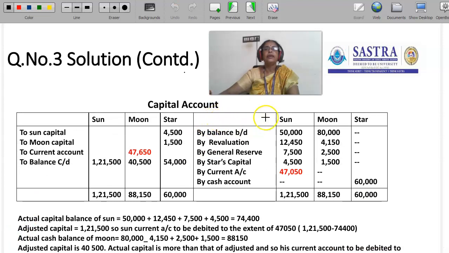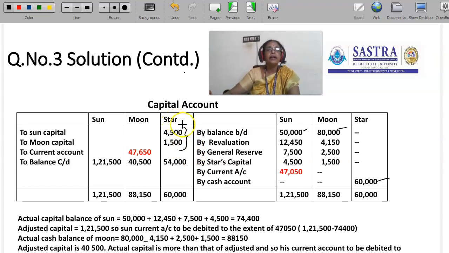Then capital account. Balance brought down is 50,000, 30,000. The new partner brought capital of 60,000. Out of this 60,000, he brought a premium amount to the extent of 6,000, and so the entry would be Star capital account debit to Sun capital and Moon capital in the sacrificing ratio.